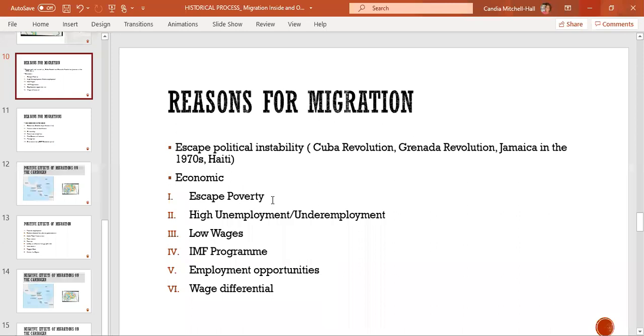Somebody told me the other day that a young man who just entered the JDF is taking home $50,000 for the month. How are you supposed to give somebody $50,000 as a government to work? $50,000 a month. What can that do? Bus fare alone is $50,000. And so people are going to leave because of the low wages.